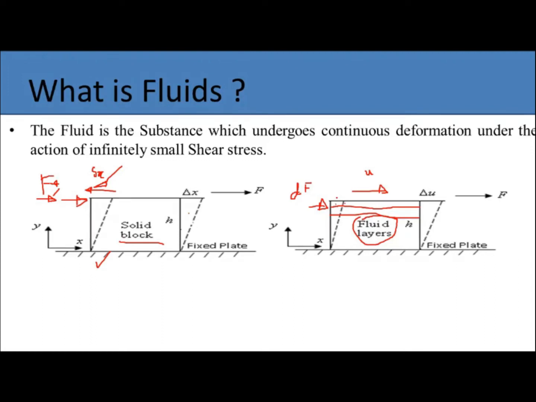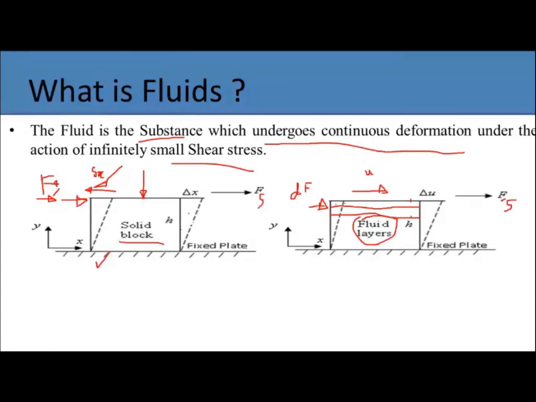So a fluid is basically a substance which will undergo continuous deformation under the action of small shear stress. That means this F divided by area, this force will be shear force. यहाँ पे जो अप्लाई कर रहे हो, that force is shear force. आप नॉर्मल टू सरफेस अप्लाई करते हैं तो नॉर्मल फोर्स रहता है. आप पैरेलल टू सरफेस अप्लाई कर रहे हो, so it is a shear force.